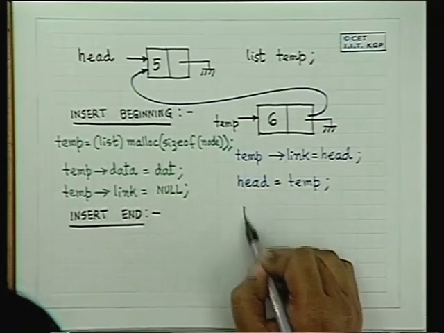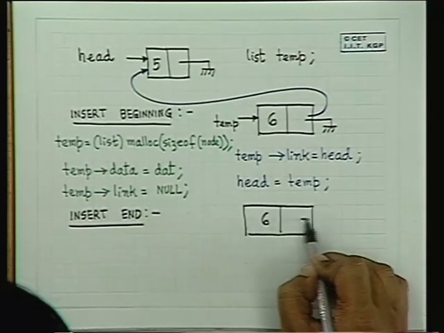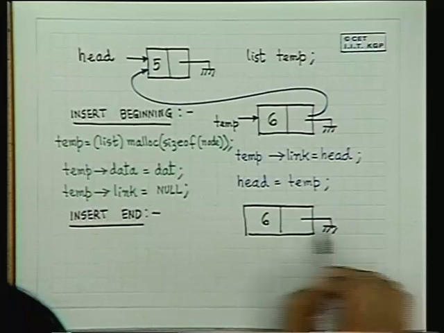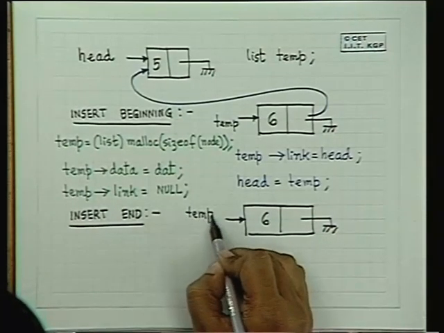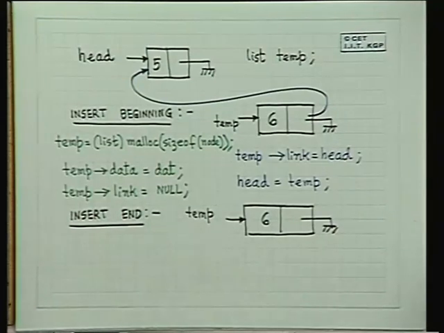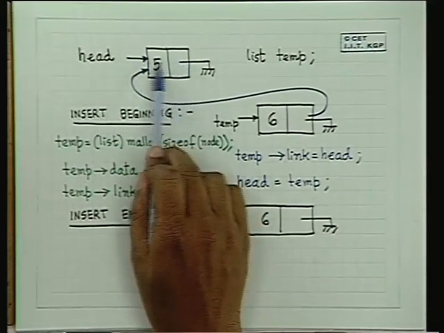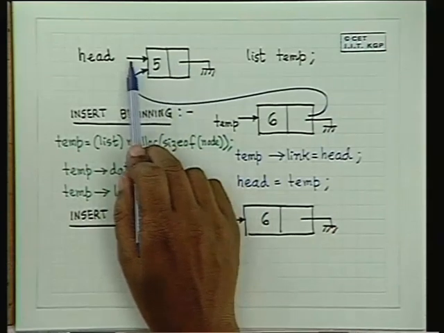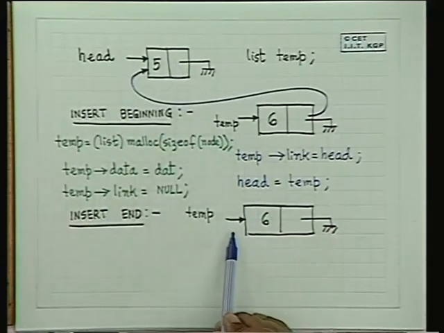you have got a structure like this. This is a list. If it is only one element, there is no problem. Then head dot link will be assigned temp. That's all.